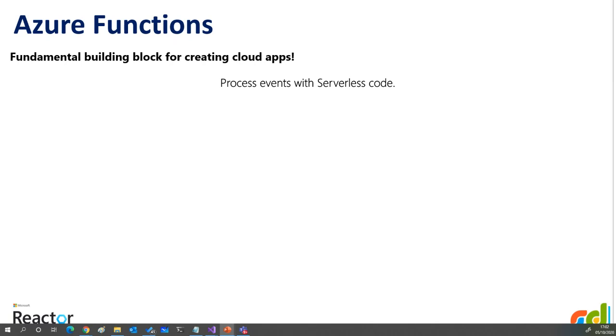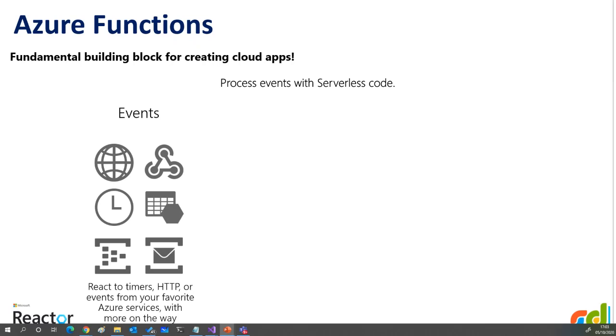So Azure Functions are a fundamental building block of serverless applications, and so for creating cloud apps. Azure Functions start from events, so they react to events that can be of different sources. Event means something that happens in the cloud and then can trigger functions. Events can be HTTP-triggered functions or can be events attached to Azure resources.